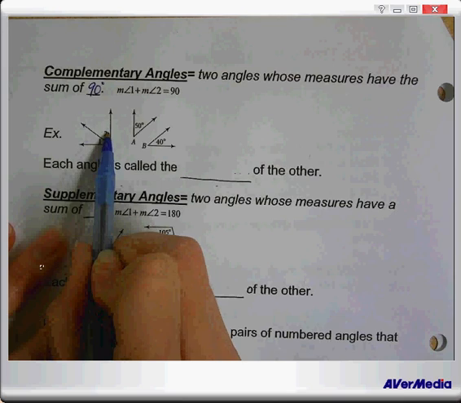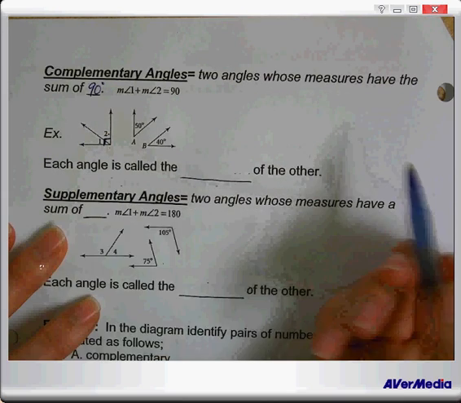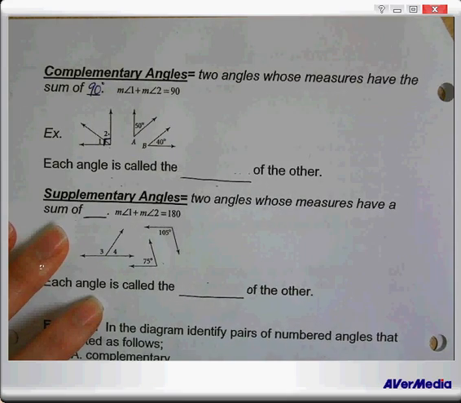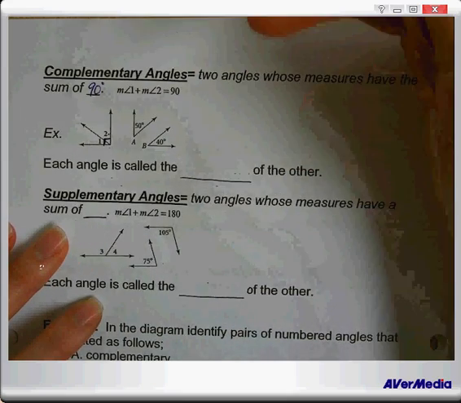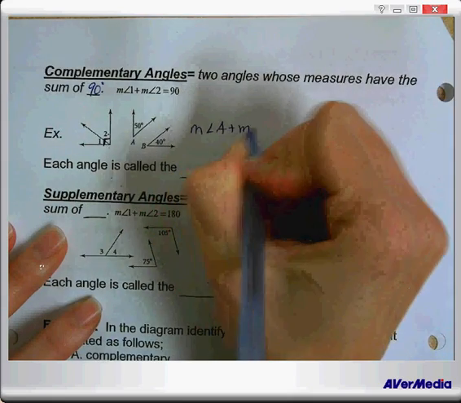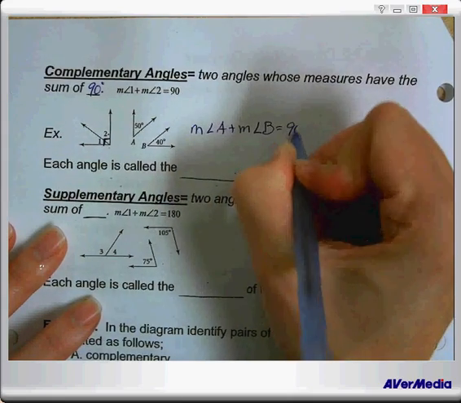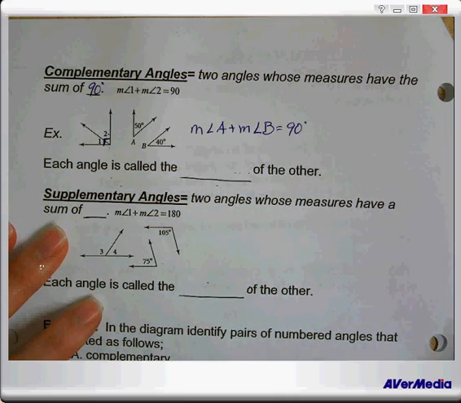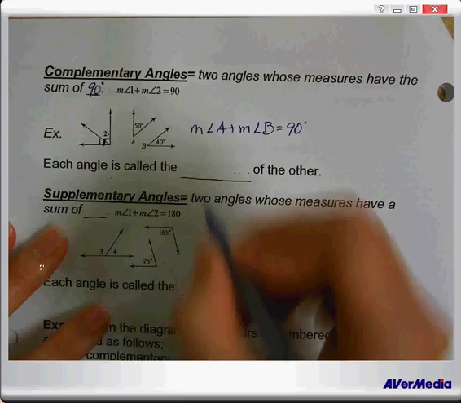Now, here, A and B, notice they're not touching. They could be in different planes, but as long as they add up to 90 degrees, they're still considered complementary. And think of complements as short and sweet. So complementary angles just add up only to 90. Now, the angles are called the complement of each other.